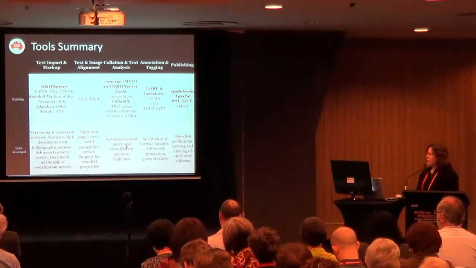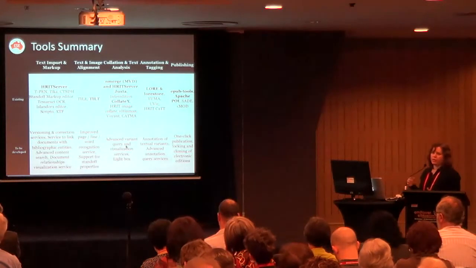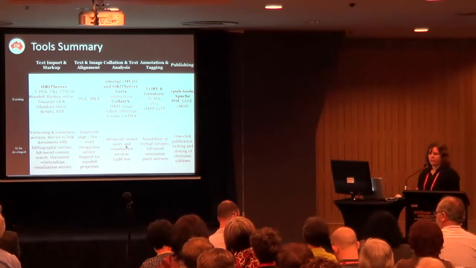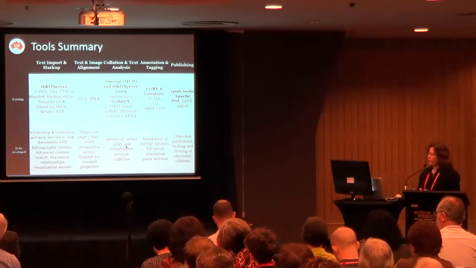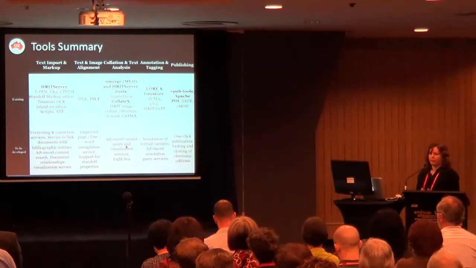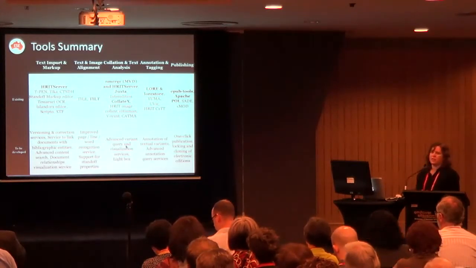So just as a summary of the tools, we did a survey and looked at all of the projects that had been developed over the last, say, 15 to 20 years, and all of the open source tools that were available. And these were the ones that we identified as the ones that we would be looking at for integration. And there are, down the bottom, some pieces that are missing, as I mentioned.